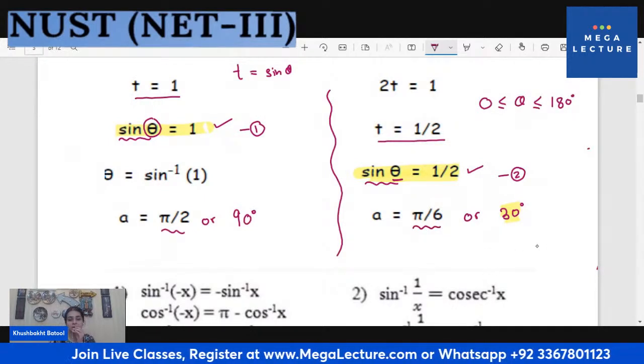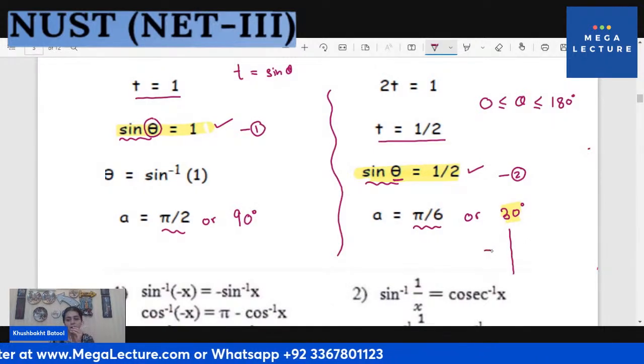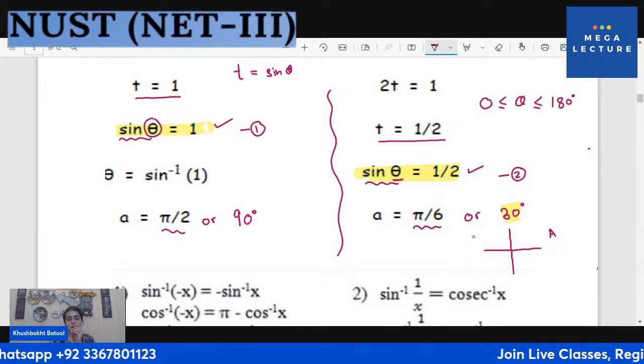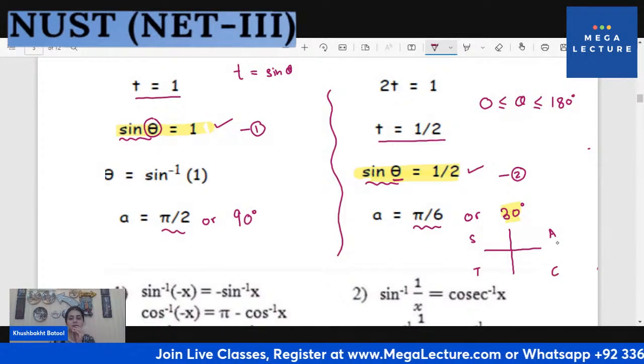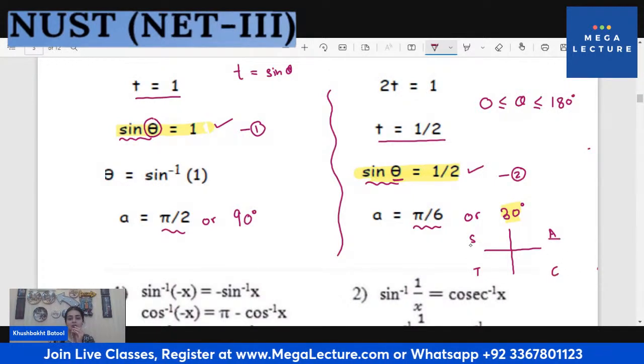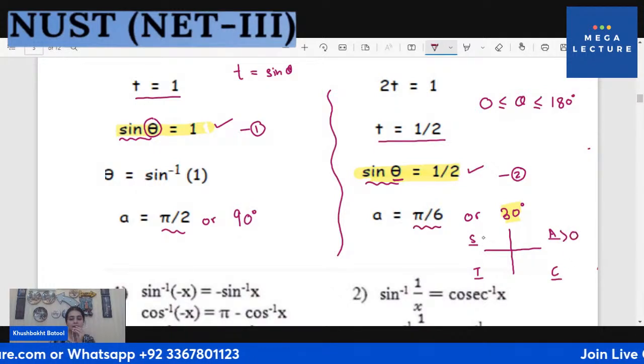Now, this time I won't be making the graph, I'll tell you another method. So in maths, we have four quadrants. This is all positive, sine positive, tan positive, and cos positive. You can remember this as: Add Sugar to Cup. All means all the trigonometric ratios are greater than 0.